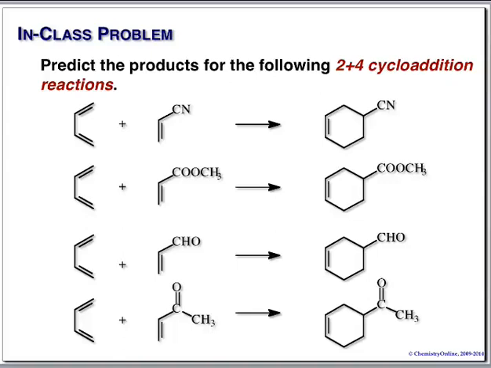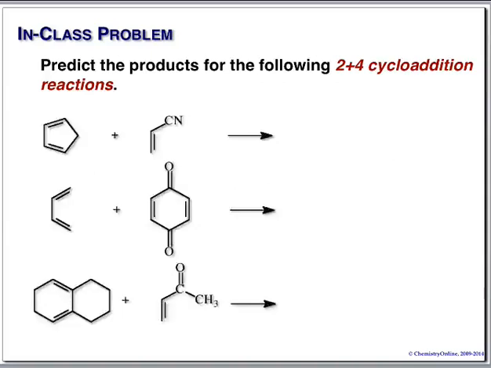Now, one of the really neat things about the Diels-Alder reaction is that we can use interesting dienes and dienophiles. These get a little trickier to draw. But let's try it anyway.